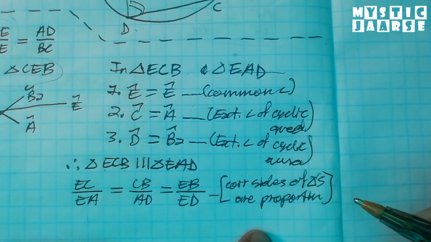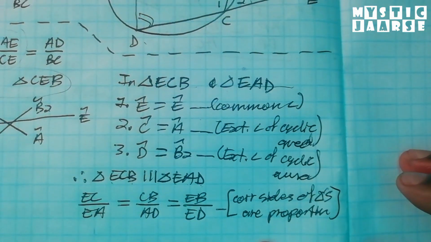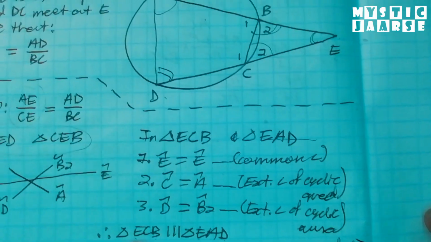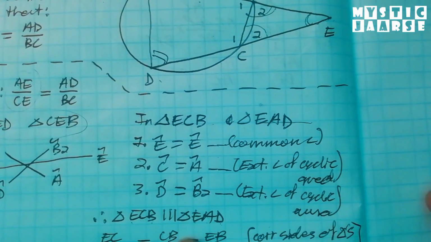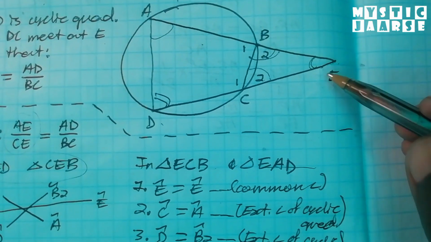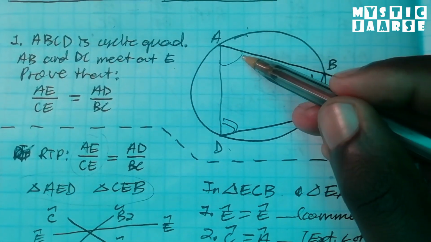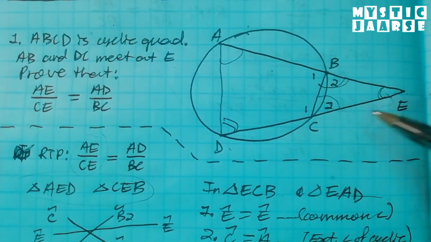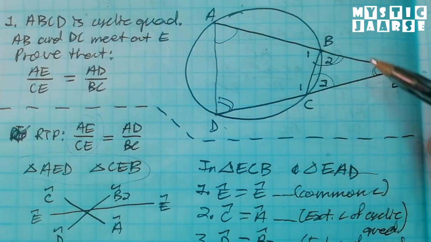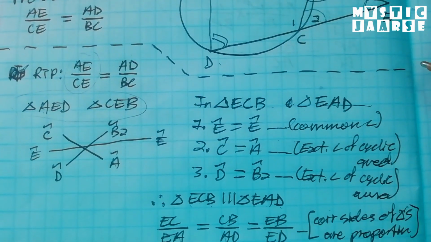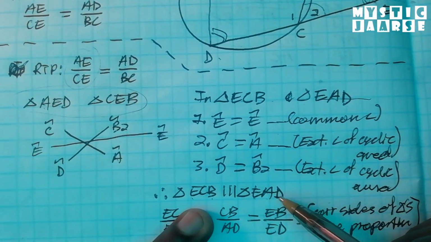We say they are in the same proportion, but we haven't proved it. Well, whenever you have two triangles that are equiangular with one another, meaning this angle from this triangle is equal to this angle from this triangle and all other three angles, then those triangles are similar.